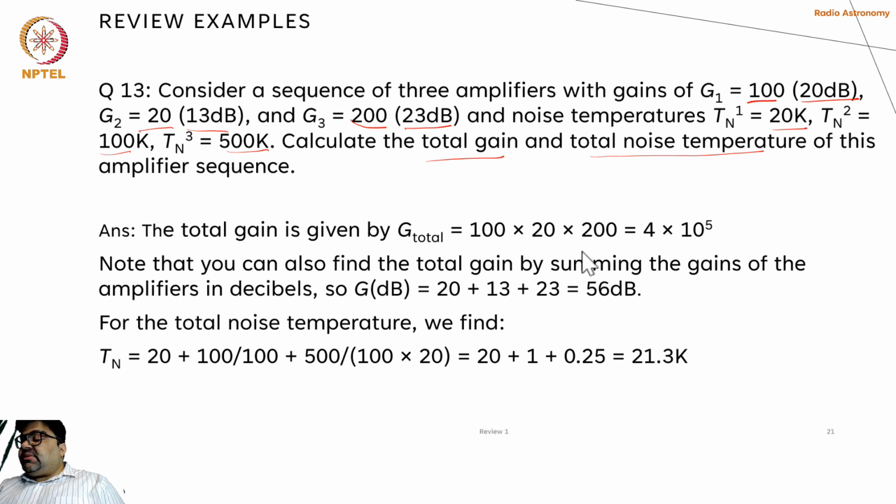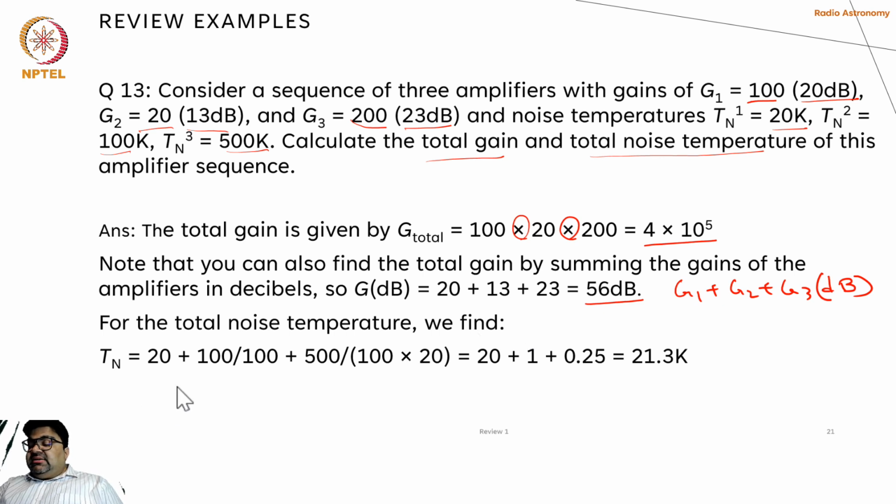Total gain is the multiplication of the entire thing, so it is 4 times 10 to the power 5 in linear units. In decibels, it is just the addition, so 56 dB: G1 plus G2 plus G3 in dB, of course. In linear scale, it is the multiplication. Total noise temperature will be given by Tn is 20, the first one.